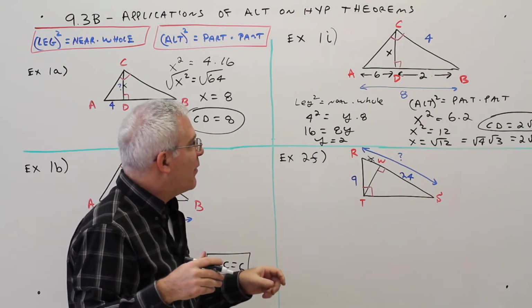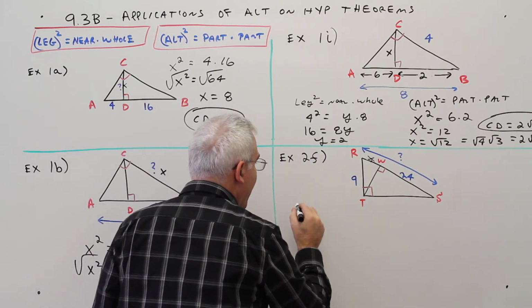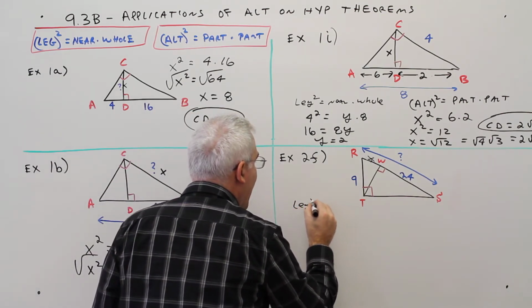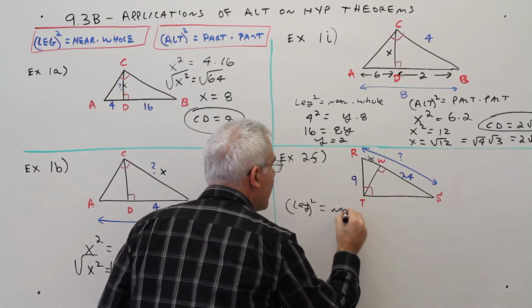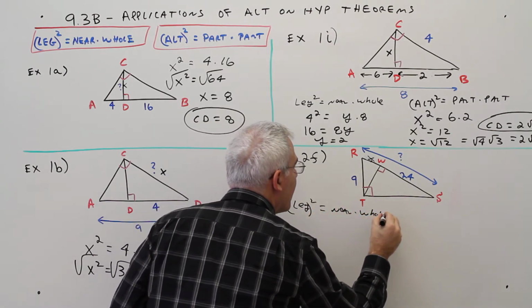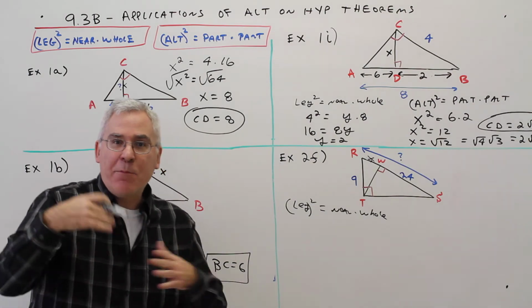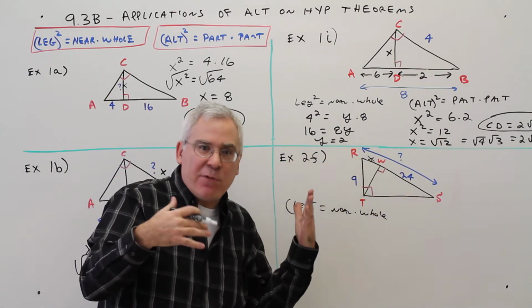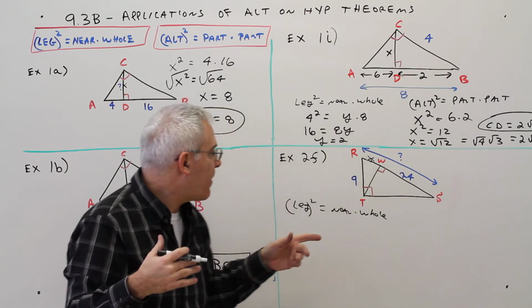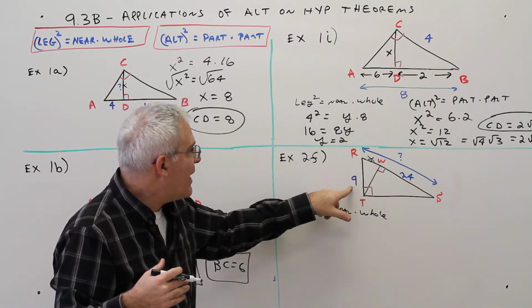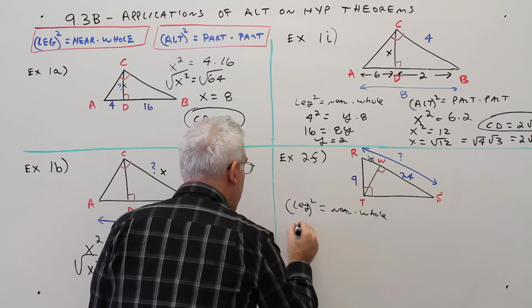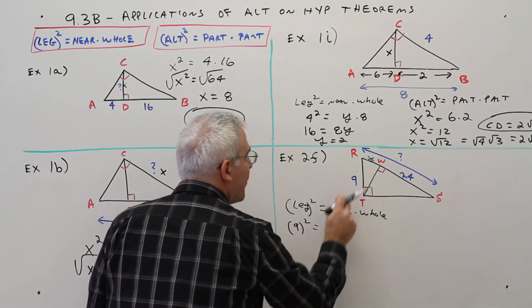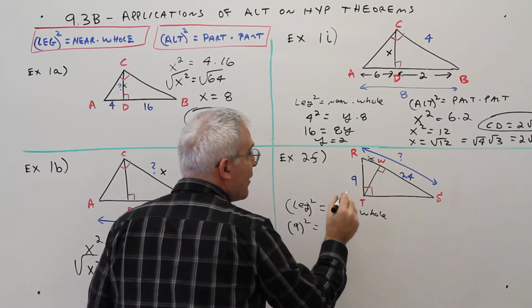All right, so let's write down the formula. So leg squared equals near times whole. And again, whenever you're setting up variables, if you have a choice, if you got a leg, put your variable by the near side. It just makes your work easier. All right, so 9 squared equals near x times the whole.